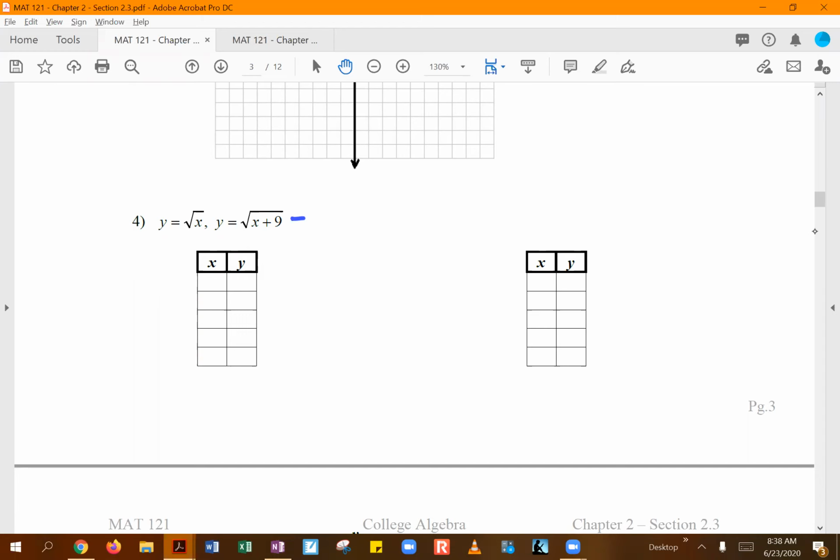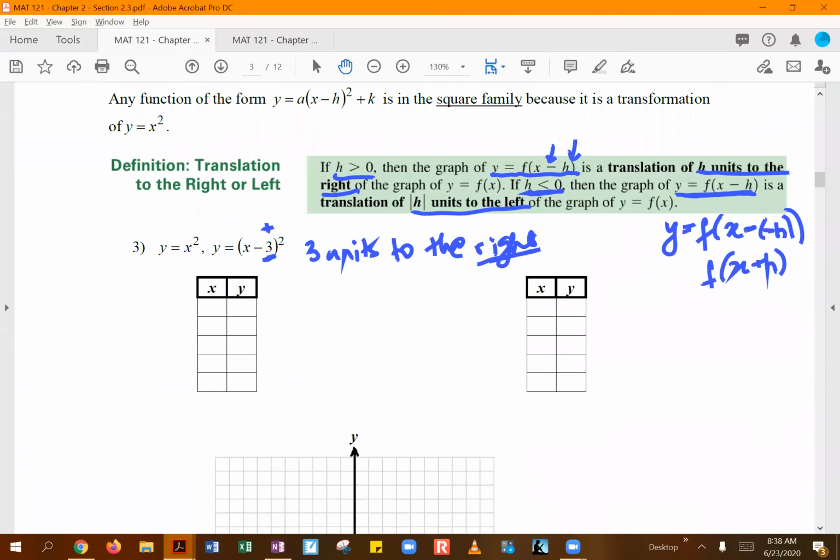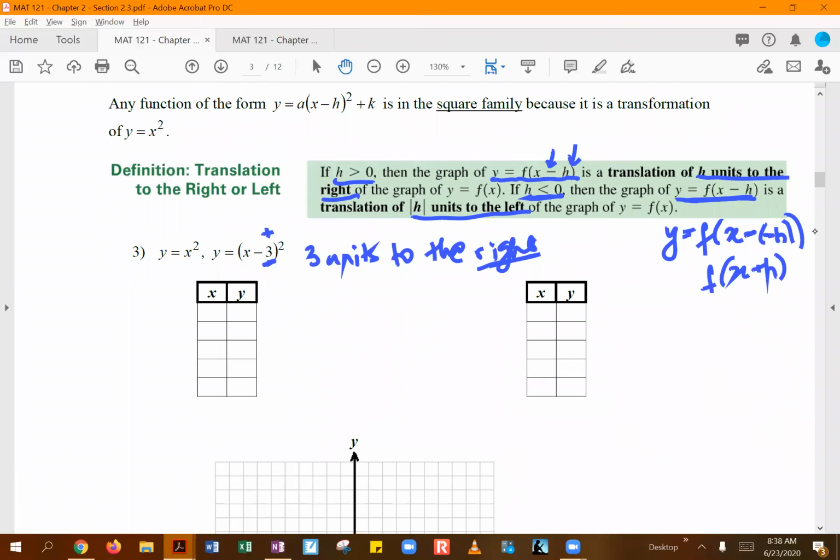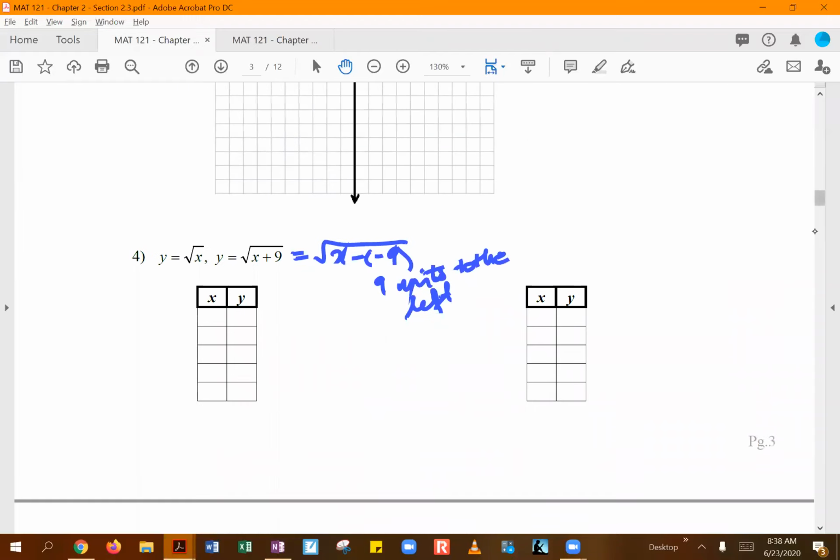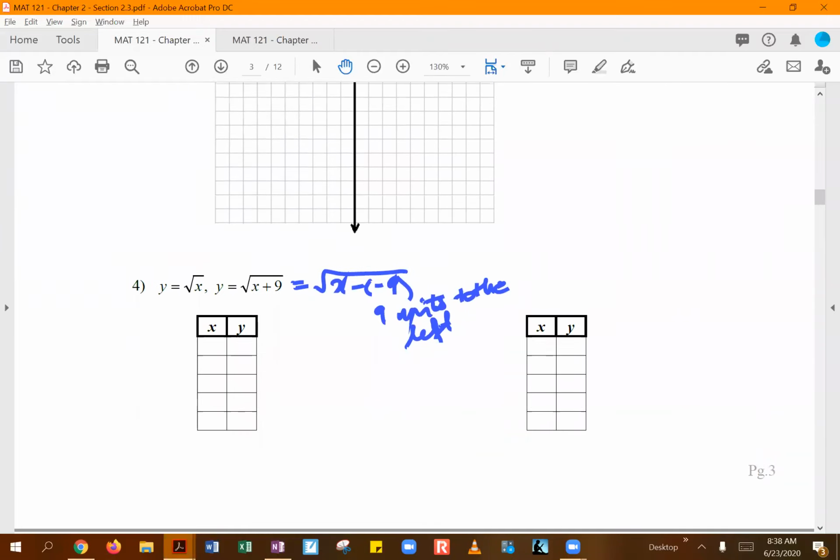That technically means x minus negative 9, so since the 9 is negative, we will be moving 9 units to the left. So if you see a minus 3, your graph moves to the right, and if you see a plus, you're moving to the left.